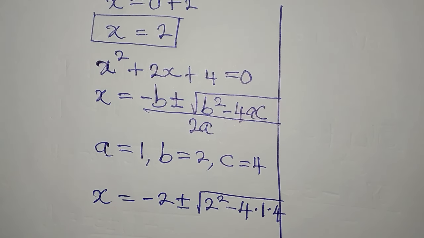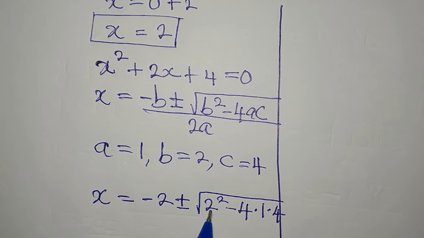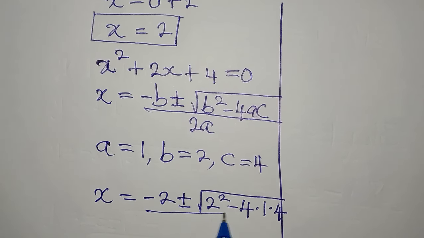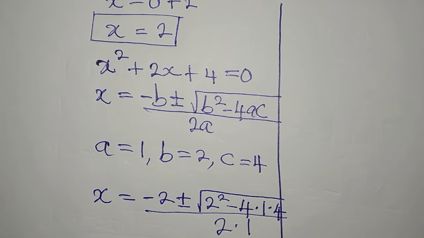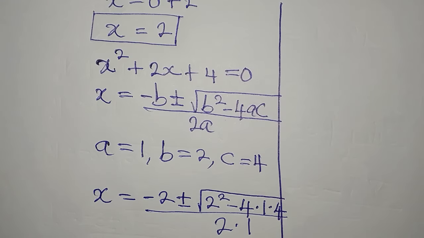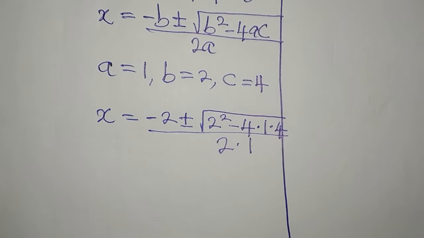Okay, this is because a is 1 and c is 4, right? So let's proceed. This is divided by 2 times 1. Okay, that's correct. So let's go.